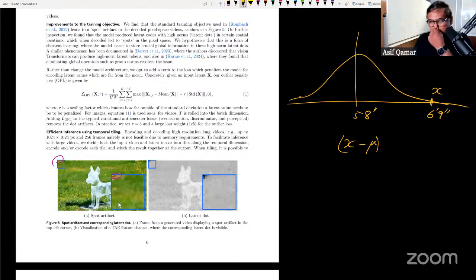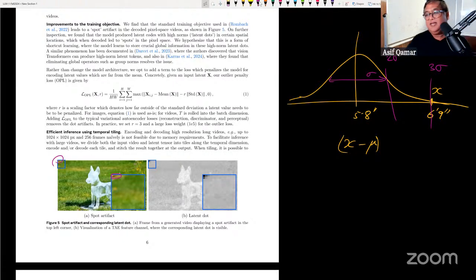Traditionally people have used the so-called inner fence and the outer fence. The inner fence is at 2 standard deviations, because this has a distribution. This is sigma, right? The inner fence is at 2, the outer fence is at 3. Now, people say that if the value is beyond 2 standard deviations, the data point is an outlier, a soft outlier.